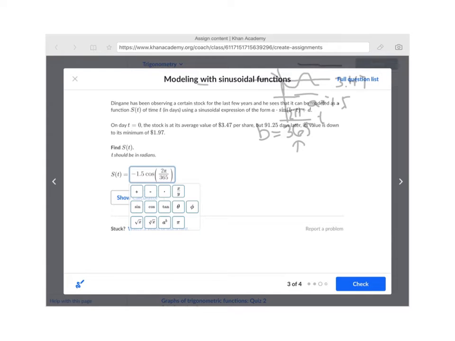Yeah, I have to use t because they're using t, right? Because that's your input variable, as opposed to an x. Okay, good. Got to the outside, and then we're going to put plus 3.47.